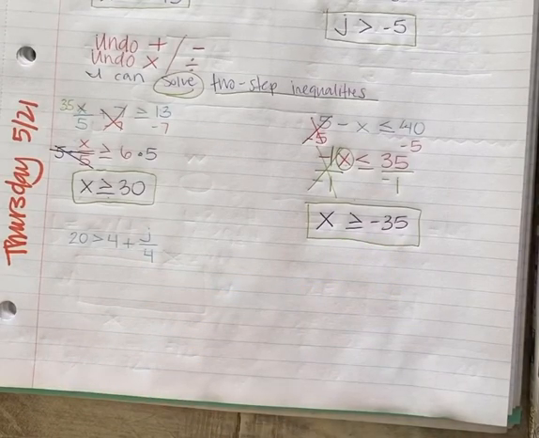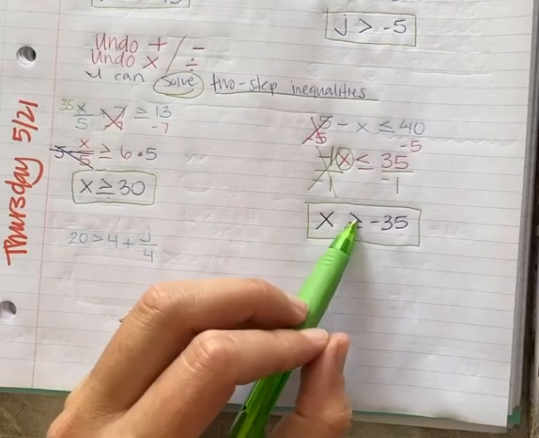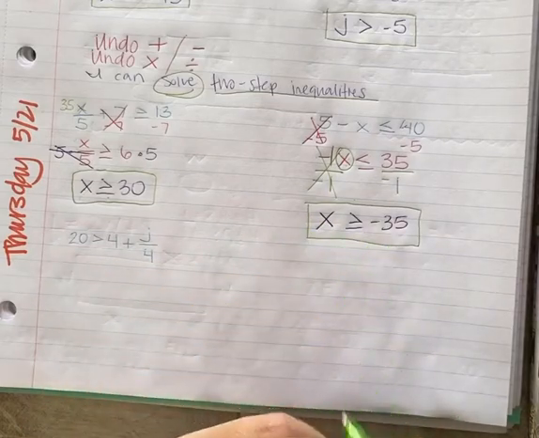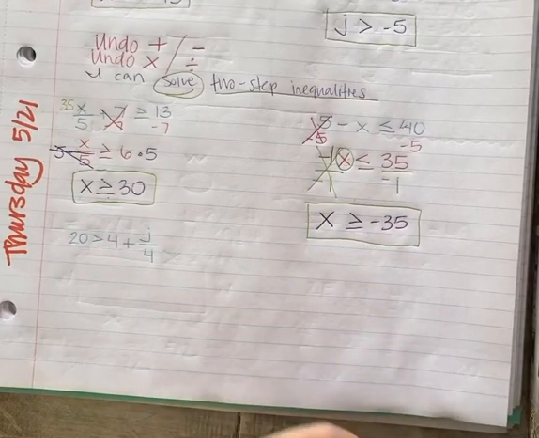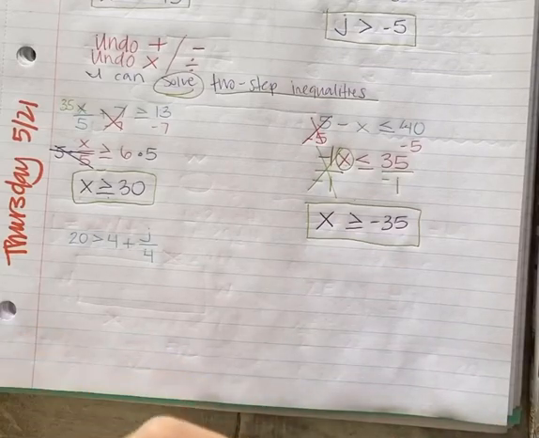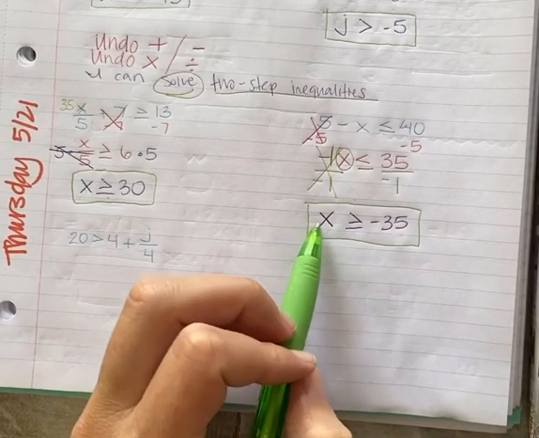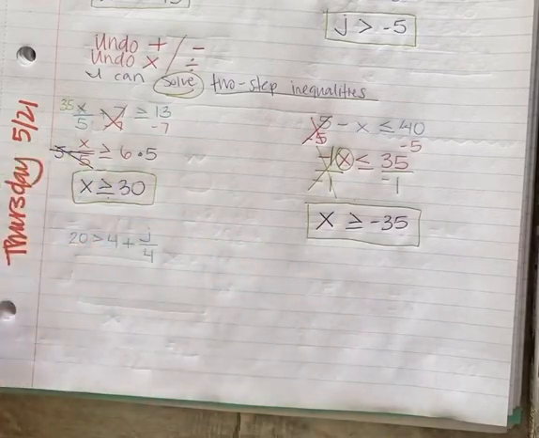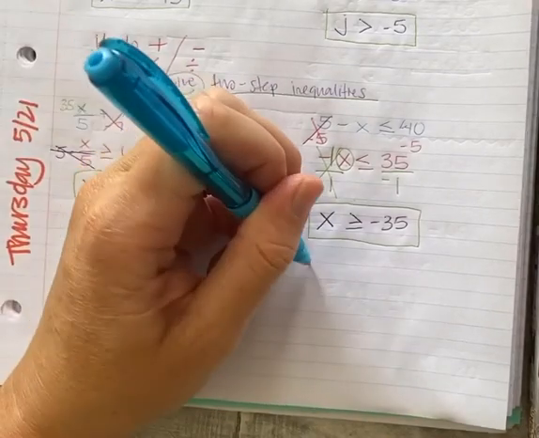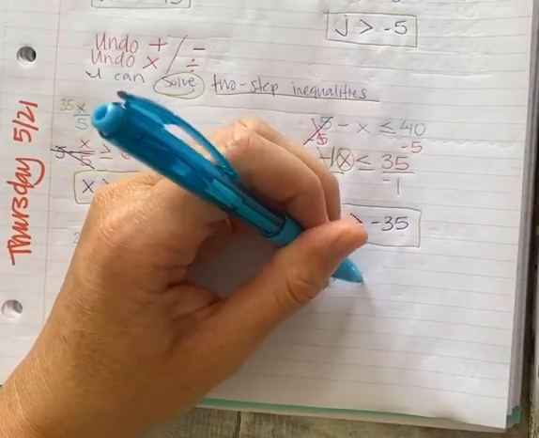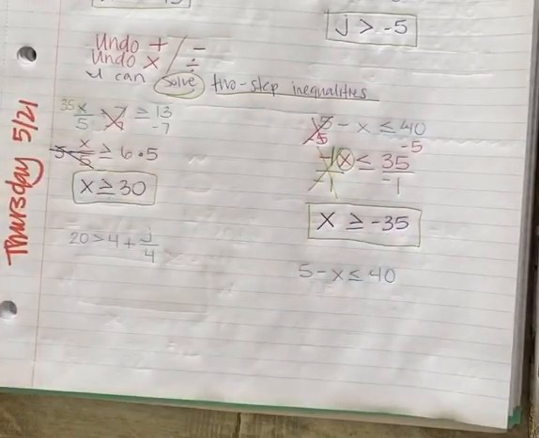And just to prove to you that that's true, let's pick a number that's greater than or equal to negative 35. What if we did negative 30? Negative 30 is greater than negative 35. So I'm going to rewrite, we had 5 minus x. This was our original.